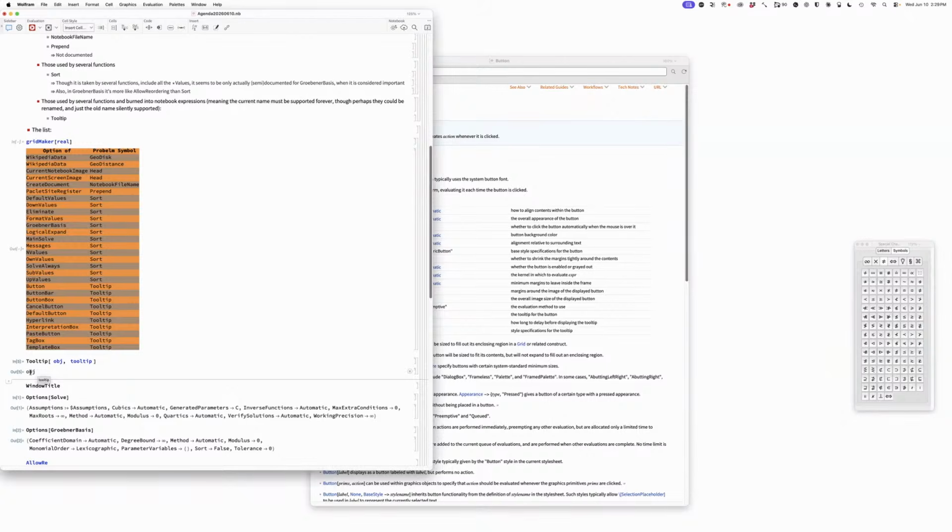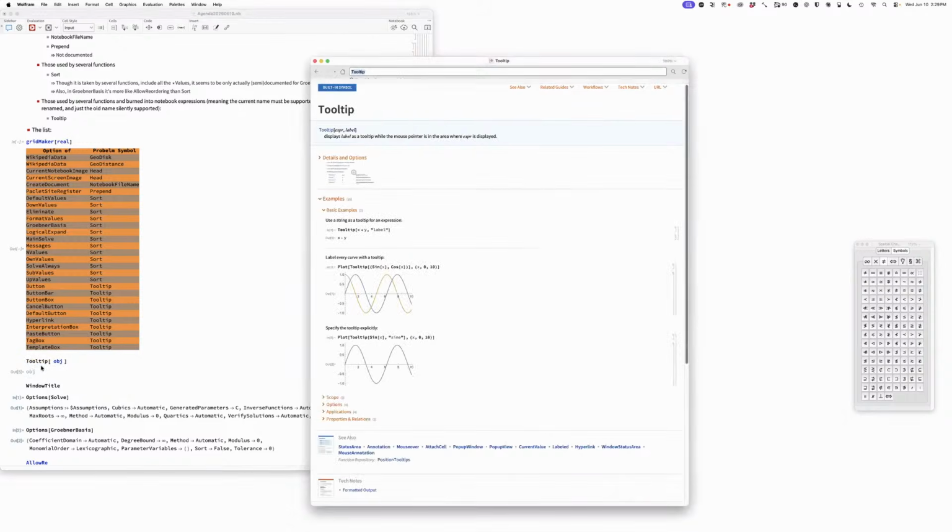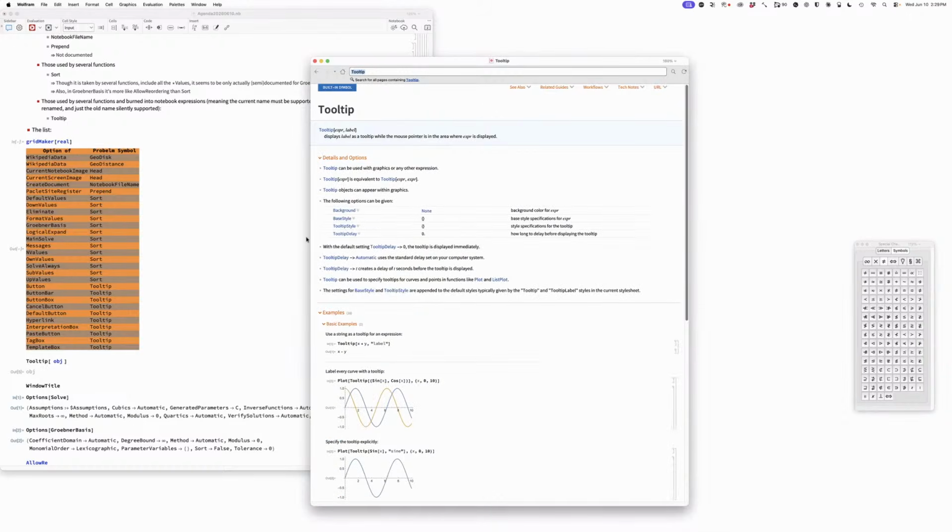And perhaps we should have an operator form of tooltip. Why not? It's kind of nice. I mean, the Viz functions sort of do that. Oh, I see. Tooltip of expr is equivalent to Tooltip of expr, I forgot the comma. I'm not sure if it's used much outside of like ListPlots and stuff.